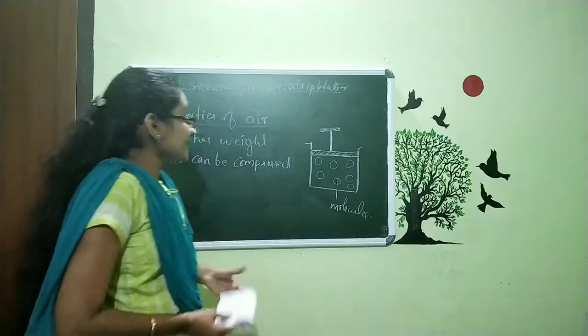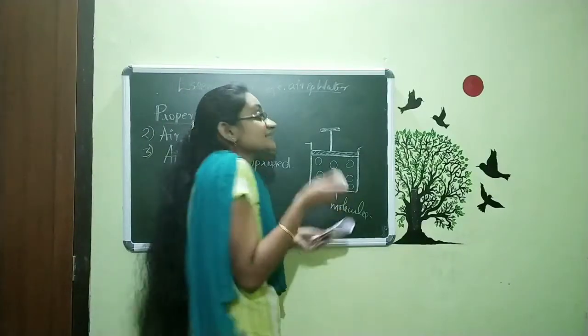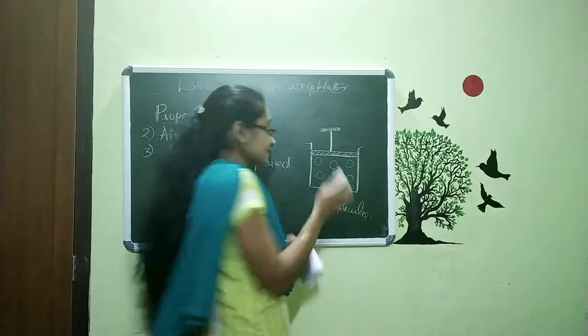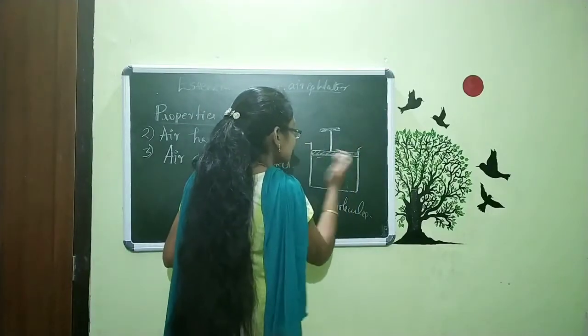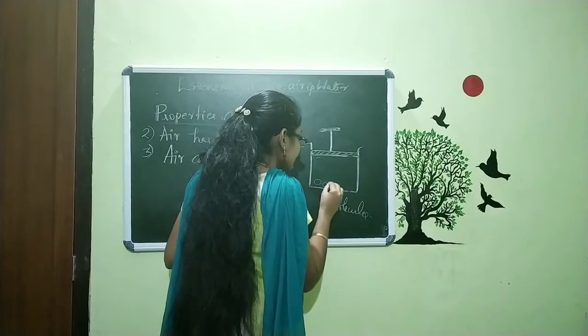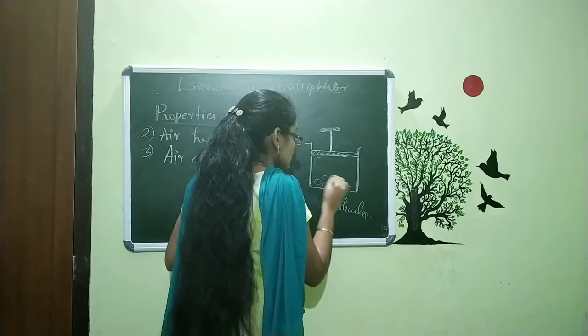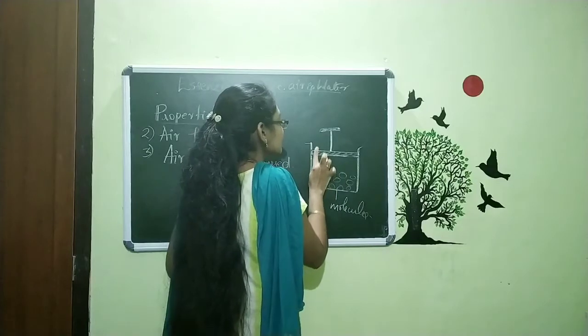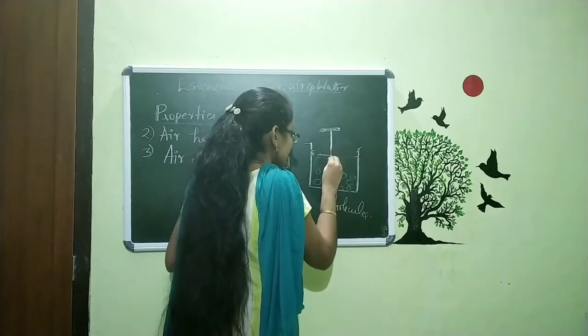Then we can see that the molecules are getting closer. First, it is like this, and when I give force, these molecules get closer. And now this piston moves to this point.